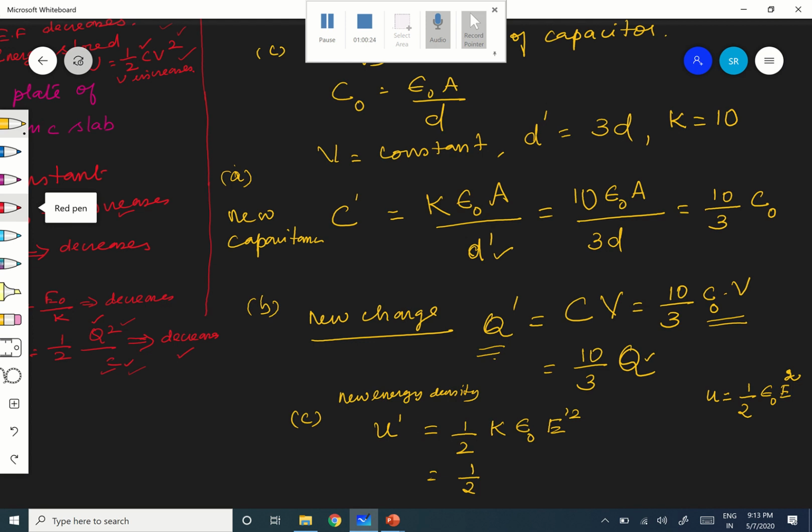Therefore the final answer, if you substitute, you will be getting K by 9 into half epsilon naught V squared by D squared.